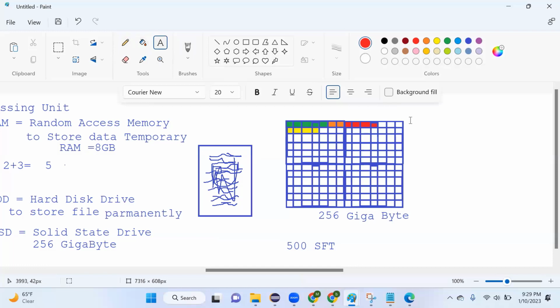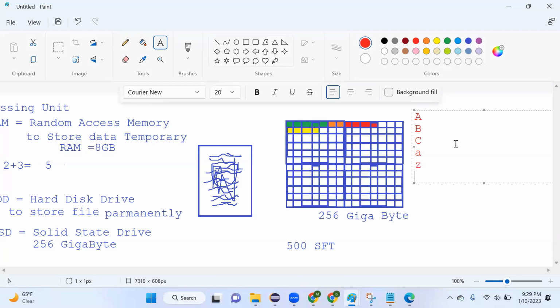In every byte, you can store only one character, like A or B or C, small a, small z, whatever character, or @, all are characters. What is a character? We'll see in the keyboard section. That means you can store 256 gigabyte of characters. Then how big is it? 256 gigabyte.